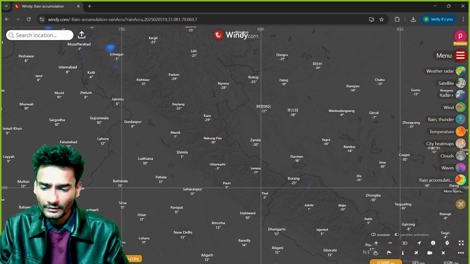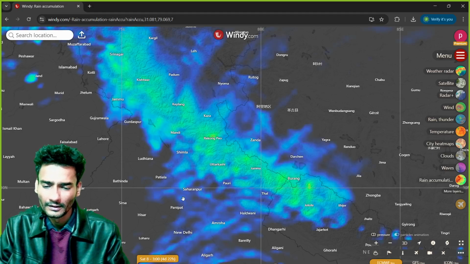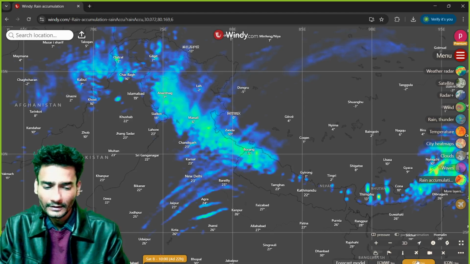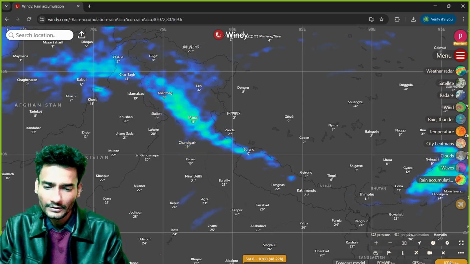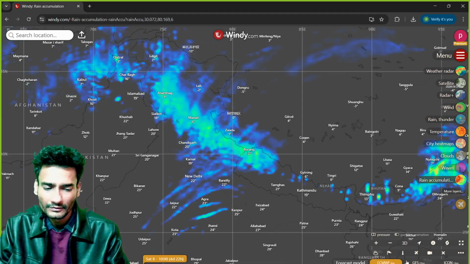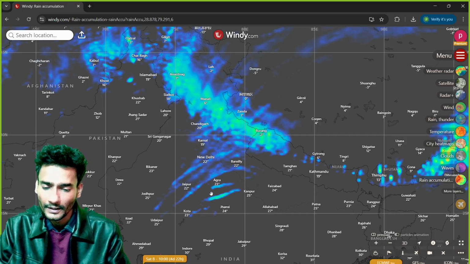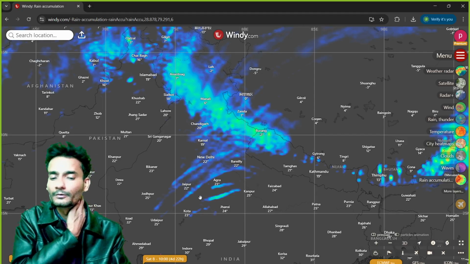So now let's look at the accumulated rainfall, how much accumulation we can expect in the next 3 days. This is a little tricky, because GFS is expecting slightly mild, and ICON is also expecting less. Only ECMWF is expecting large, widespread rainfall over the plains of India, including Rajasthan, Madhya Pradesh, Haryana, and West UP.